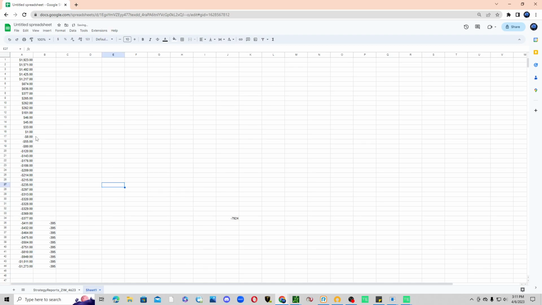But my winning side here is positive 10,410. So if I find out that none of these winning trades, not a single one of them, ever required me to have a loss that was equal to or greater than $395, I've just figured out a way that this strategy might work.